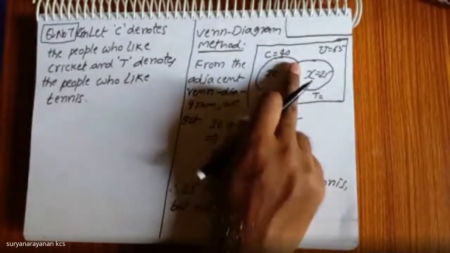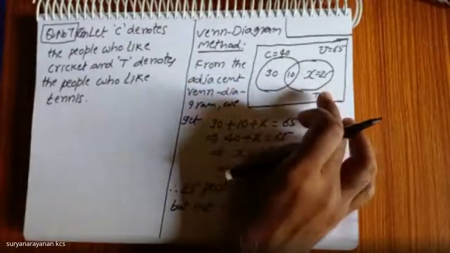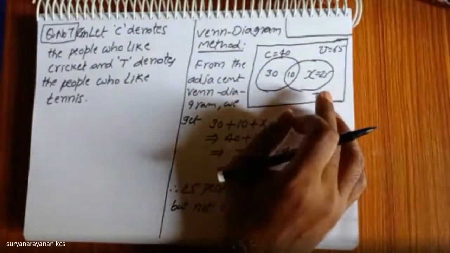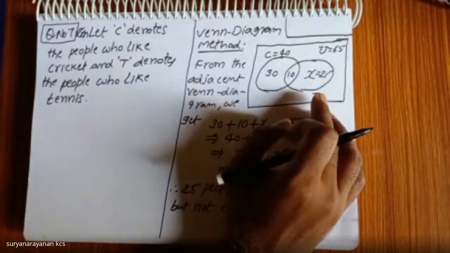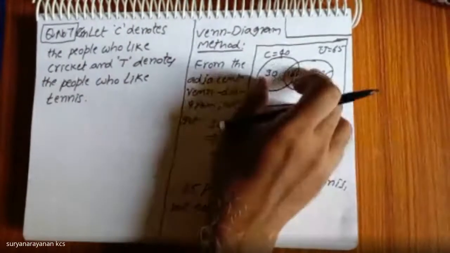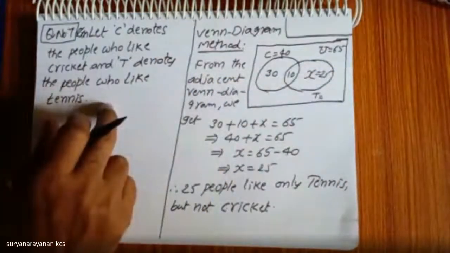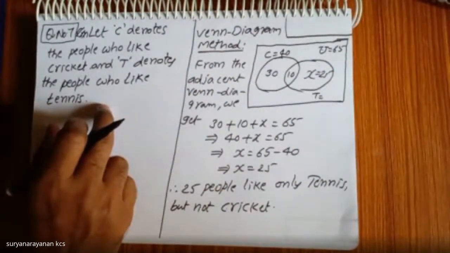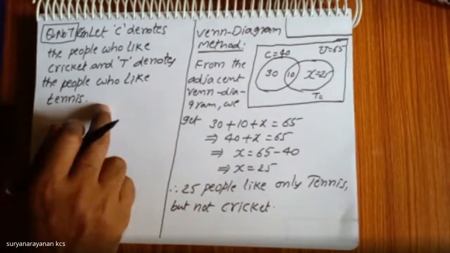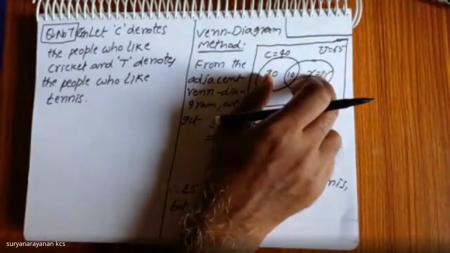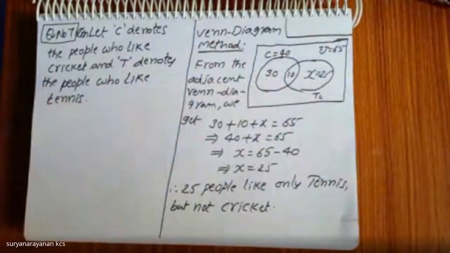There is a property, but just by using this knowledge, we had to create some formula. A direct formula is not there to find the required number. By just observing this Venn diagram, we can create a formula.